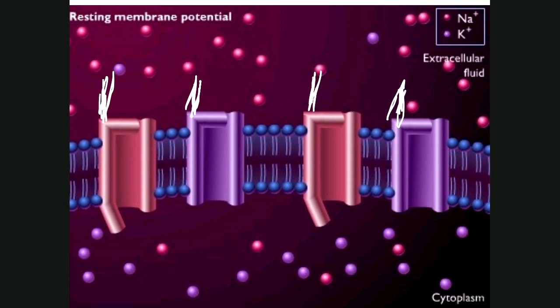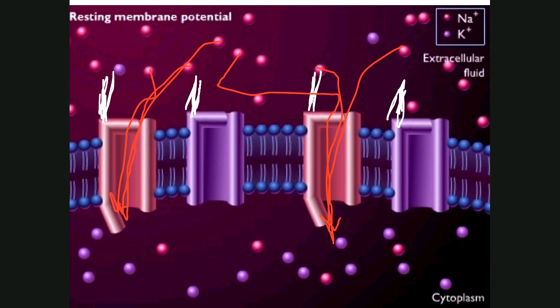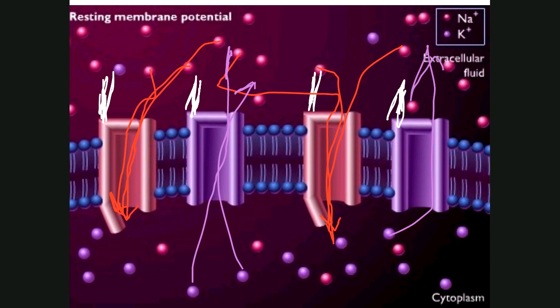It's going to go through this channel and through this channel. But the potassium's also going to move, but the potassium's going to move this way. Because the only way the ions go is down their gradient.